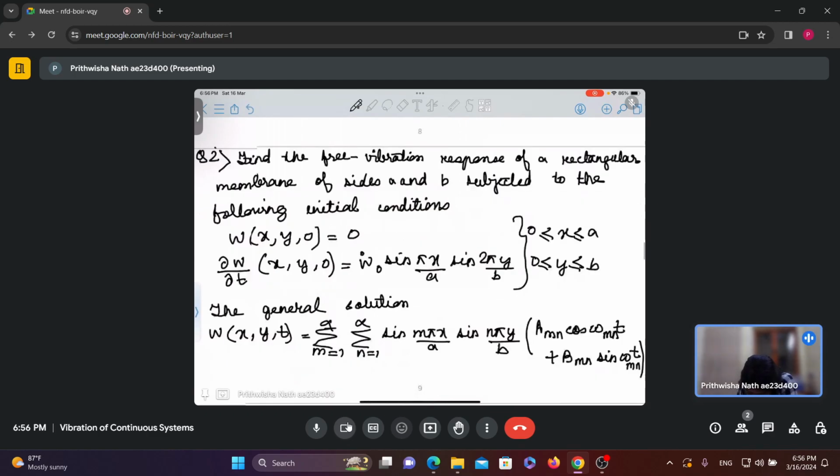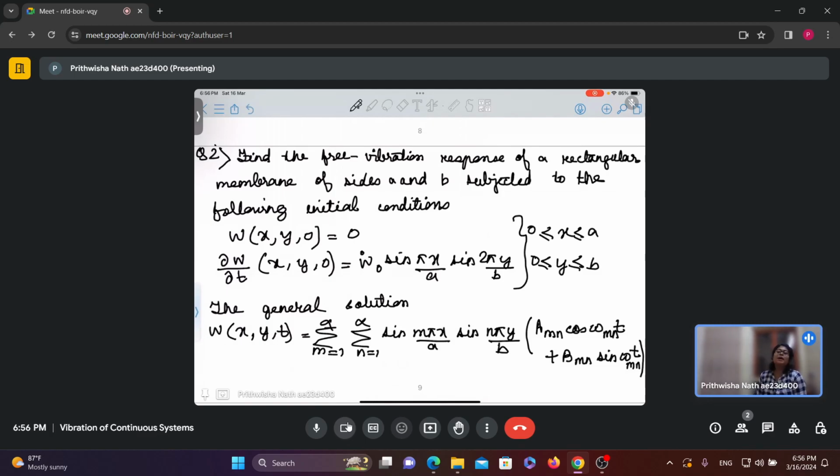Now for the second question, we are given w is 0 whereas the partial derivative is non-zero for the same rectangular membrane. So this is my general solution.